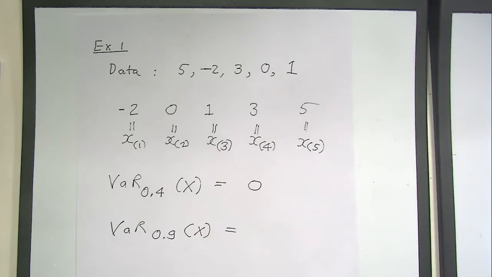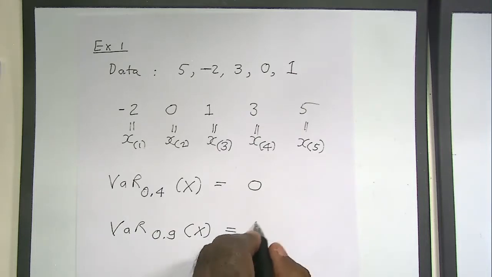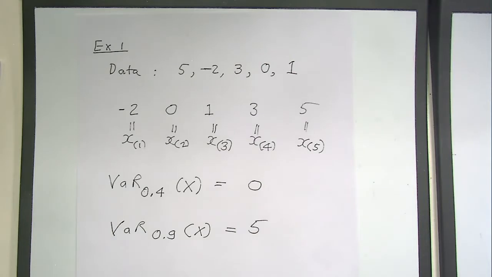So 0.9 is between 0.8 and 1. So the answer is 5. Okay, so the historical method is a very simple method. It's a very easy method to compute value at risk. Anybody can do it, right? Okay. So we are done with that.